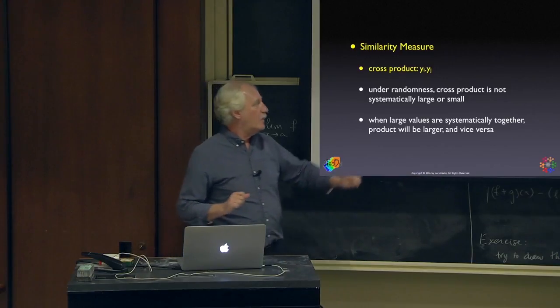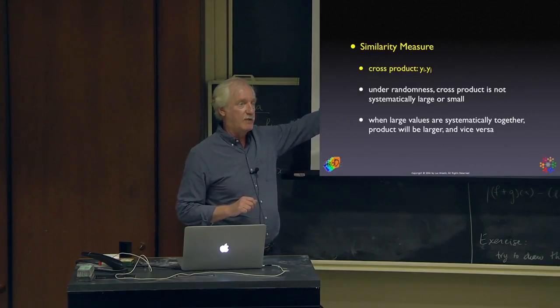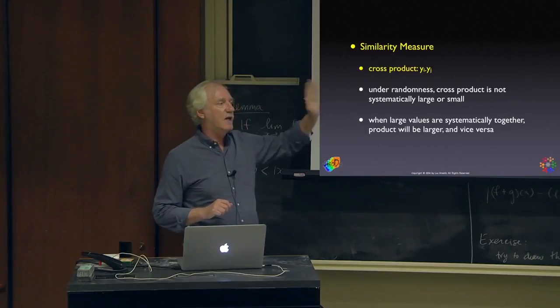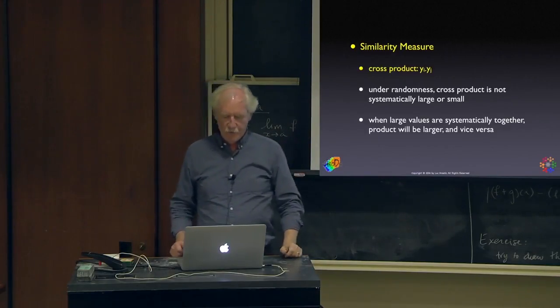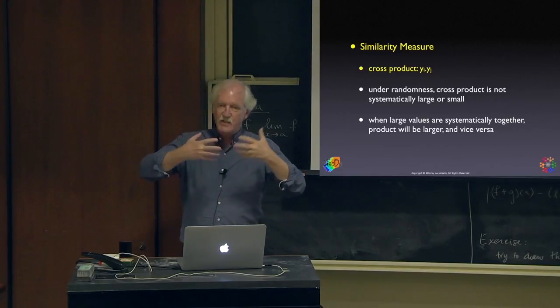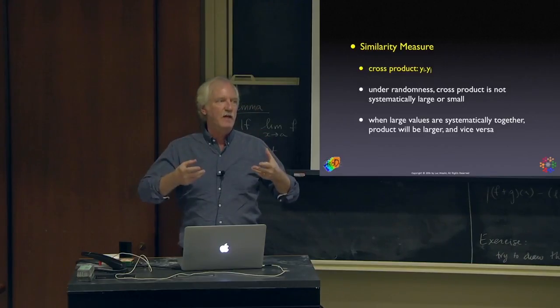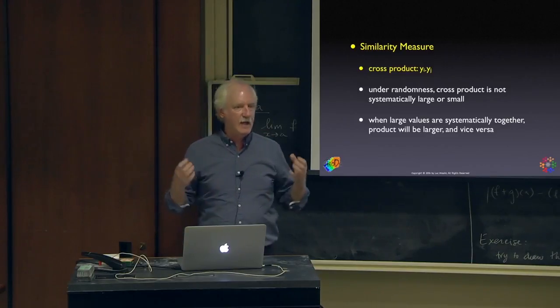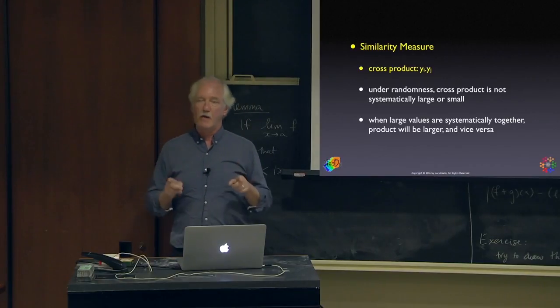Now, the together is the same variable, but at two locations. Location i is our reference location. j is a neighbor, or as we'll see later, all the neighbors, right? So when there's systematic matching, so to speak, then this product will behave differently than under randomness. And that's why we like it as a measure of attribute similarity.